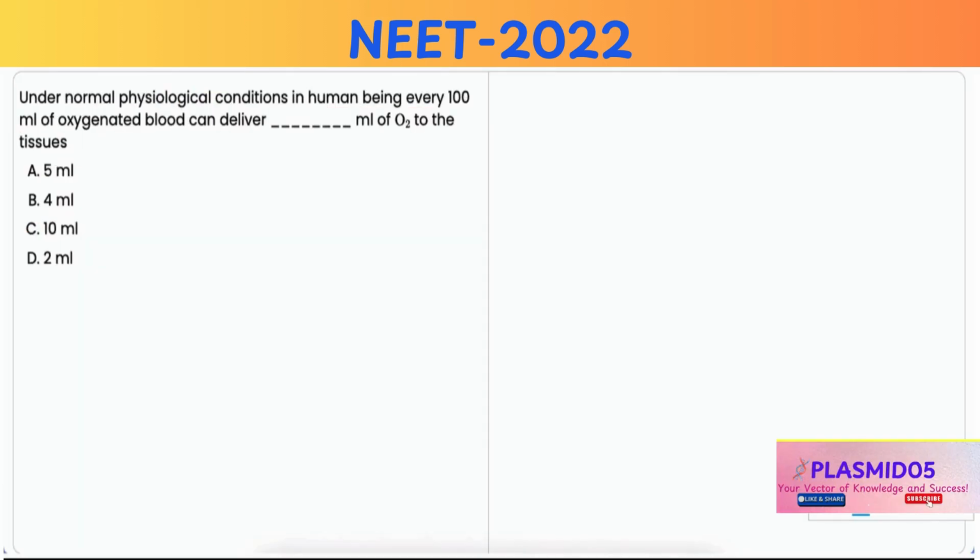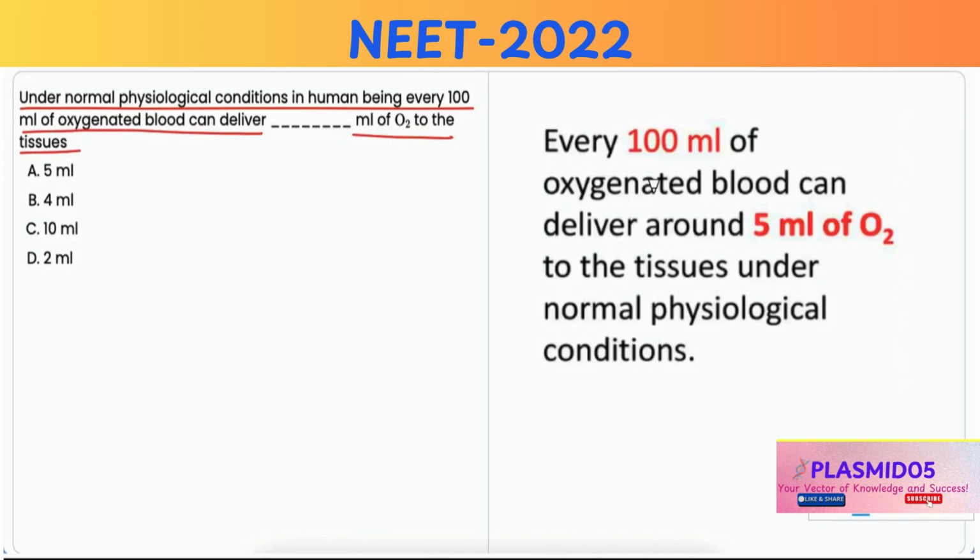In this question, you have to choose the correct option that represents that under normal physiological conditions in human beings, every 100 ml of oxygenated blood can deliver what amount of oxygen to the tissues. Now, under normal physiological conditions, every 100 ml of oxygenated blood delivers approximately 5 ml of oxygen to the tissues.